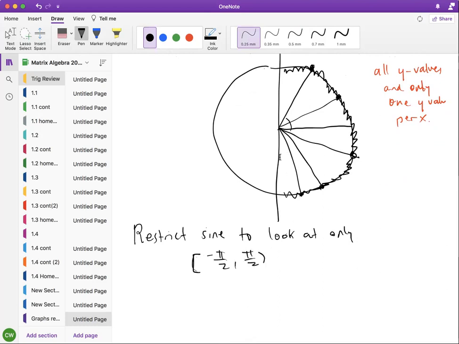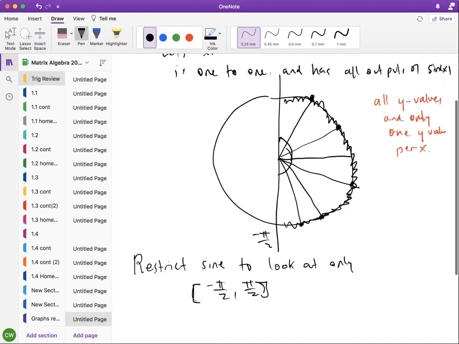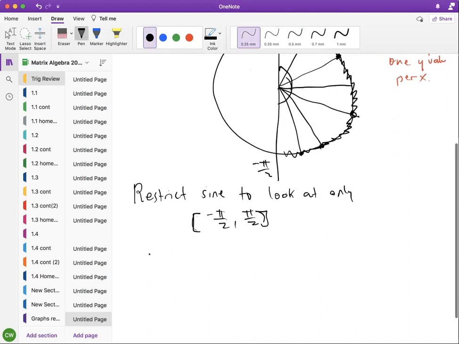So down here is negative pi over 2, and then I sweep up to pi over 2. So in this interval, sine is 1-to-1, and it hits all possible y values.